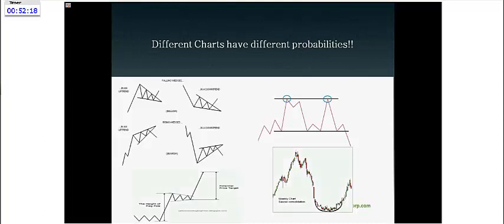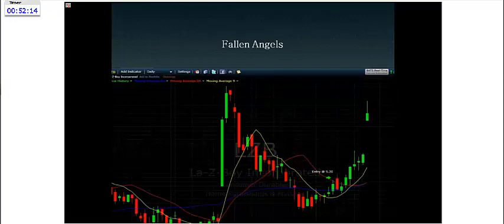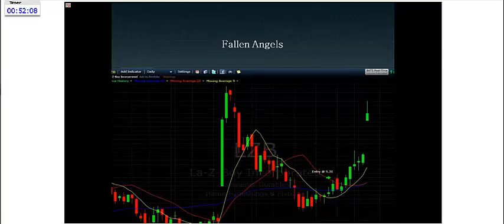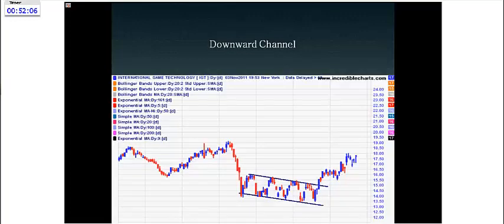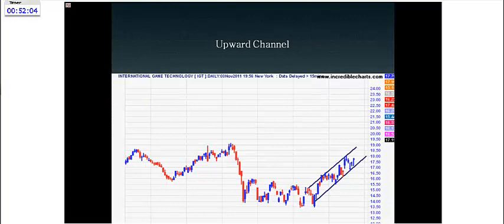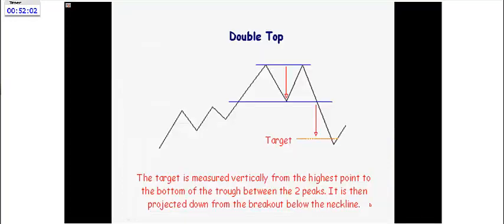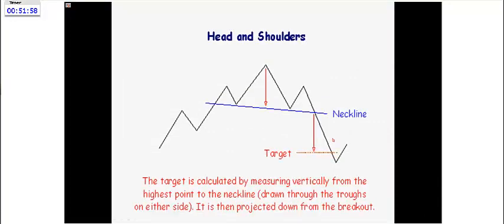There's fallen angels, which are momentum trades, great in the winter months, not so good in the summer months. Downward channels, which are oscillating patterns that seem to work very, very well in the summer. And each of these different patterns is going to give us a different level of success.